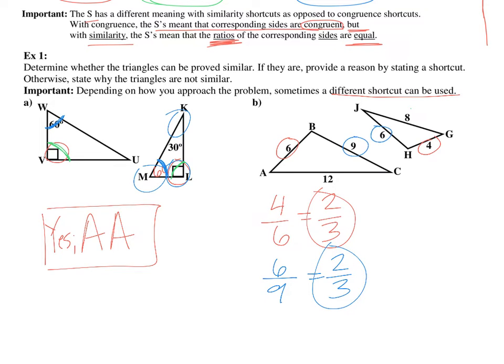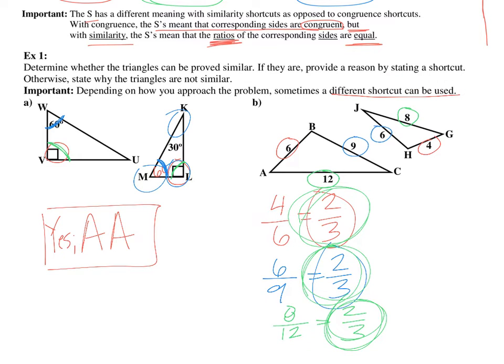And then I have the largest side for the smaller triangle, and the largest side for the bigger triangle. 8/12. That reduces to 2/3. Since all of the ratios are equal, then I can say that the triangles are similar. So yes, by what shortcut? SSS. Let's do some more examples.